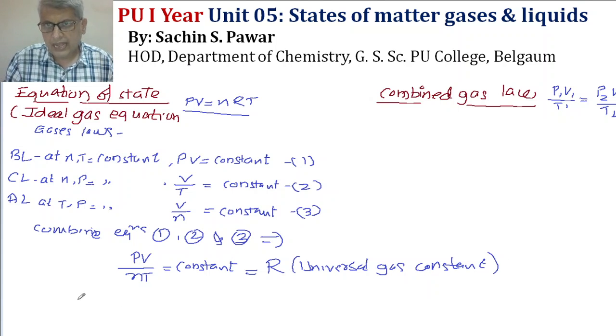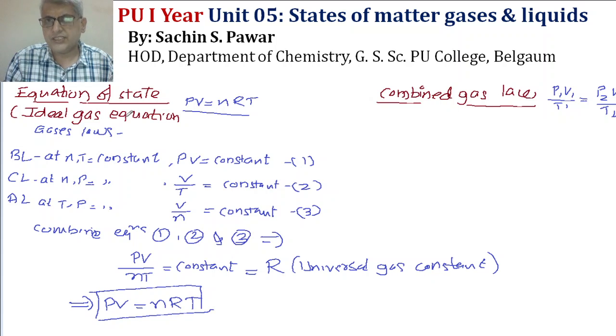So here I am getting an equation PV is equal to nRT. This is equation of state for n moles of ideal gas.